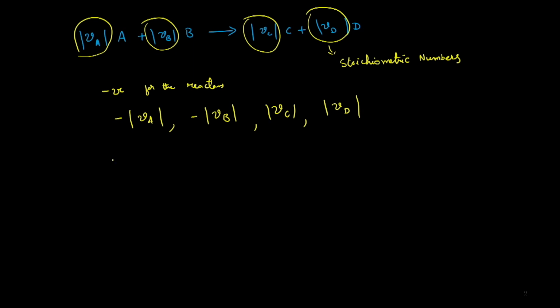If I have something like a water gas shift reaction, for example, CO plus H2O giving CO2 plus H2, in this particular reaction the stoichiometric number for carbon monoxide is -1 because it is a reactant, and the number of moles in this reaction for CO is 1.